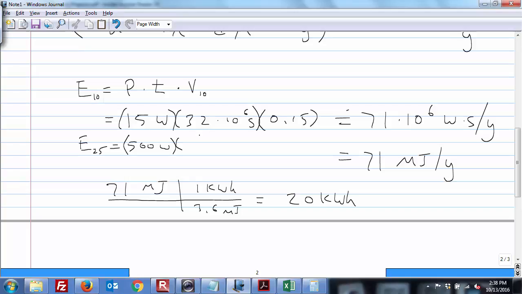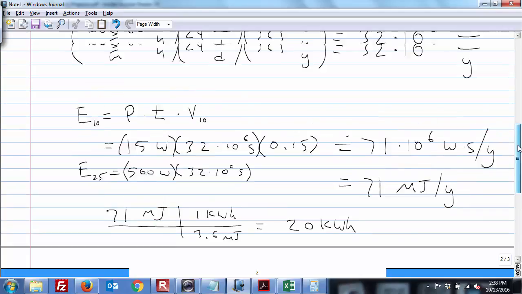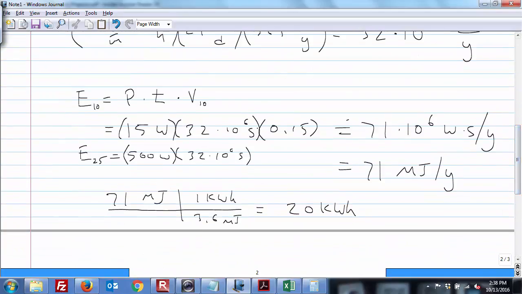We're going to start off with that same 32 million seconds per year, and we're now at 8%, 0.08. So let's just run that really quick.